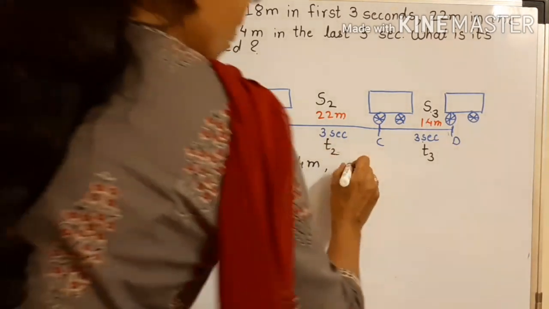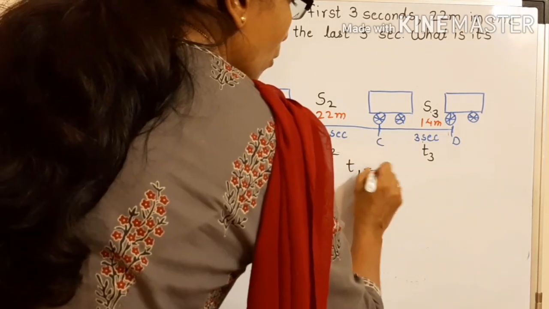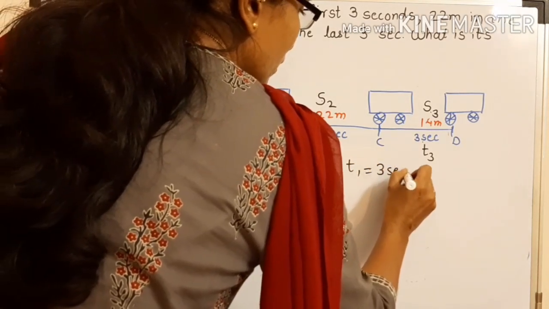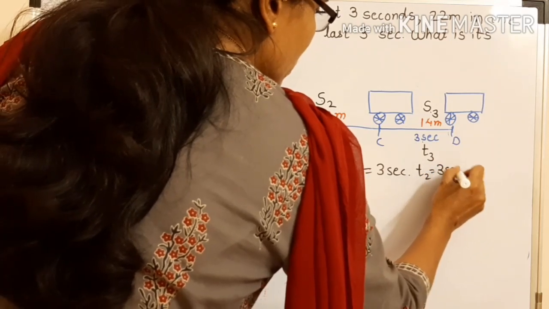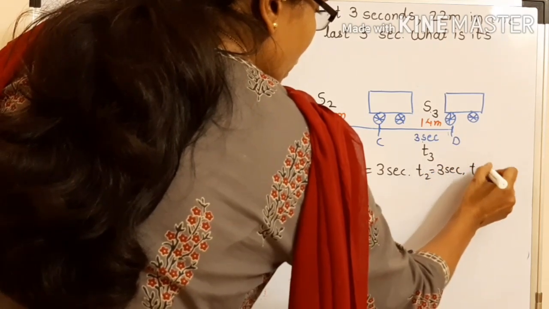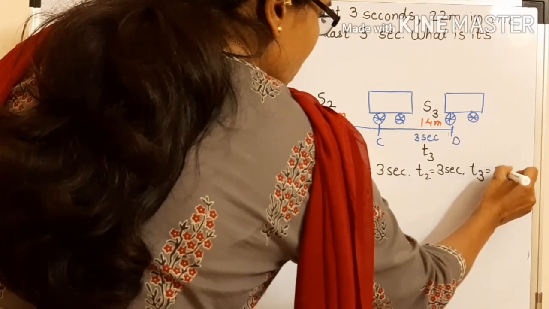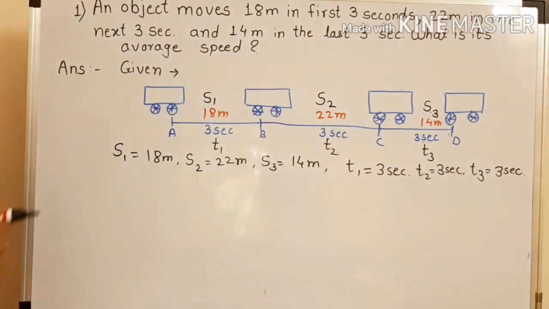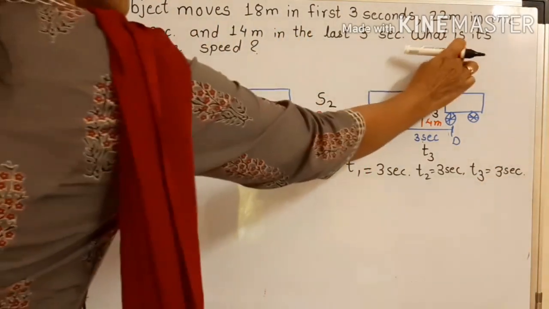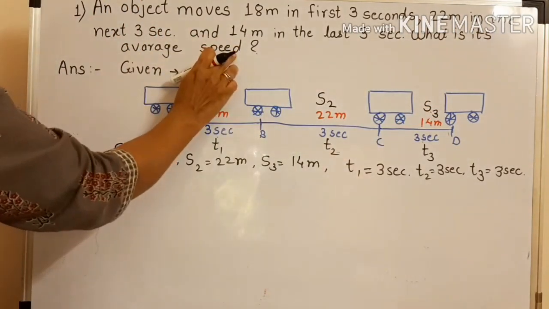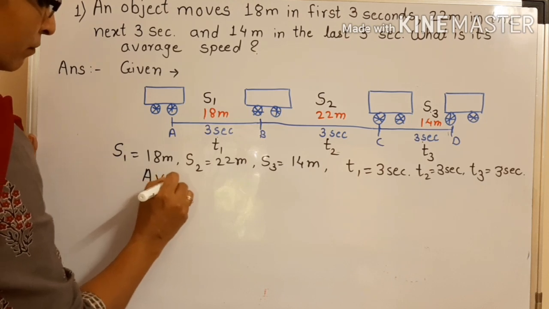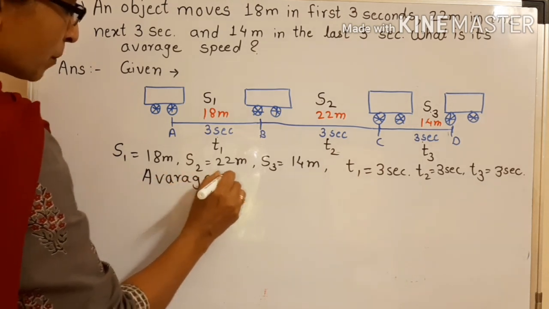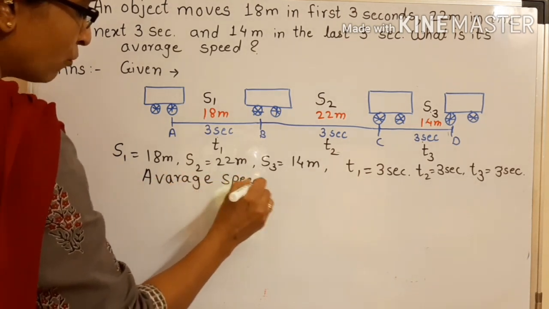Time T1 is equal to 3 seconds, T2 is equal to 3 seconds, and T3 is equal to 3 seconds. What are we going to find here? What is its average speed? Means we have to find the average speed.